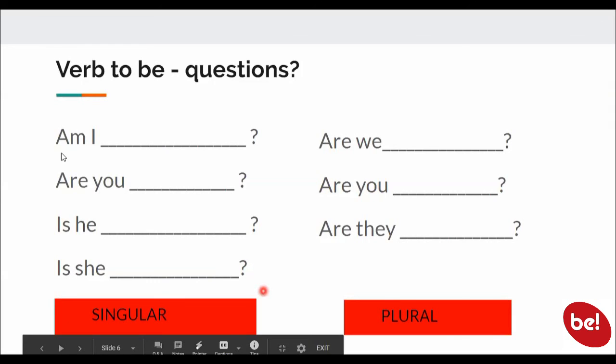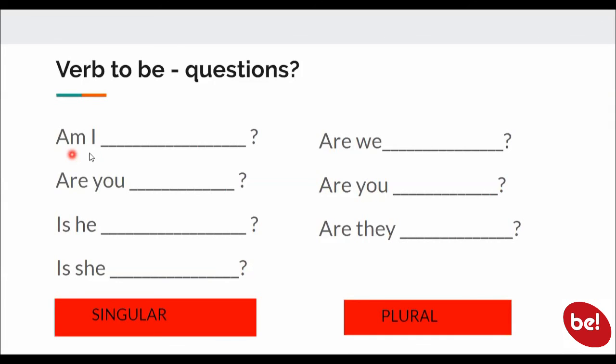So remember we have singular questions. Am I? So my example would be, am I happy, for example? Are you sad? So if you're talking to someone else, you're talking to that person directly. So you ask them, are you? Is he? Or is she?